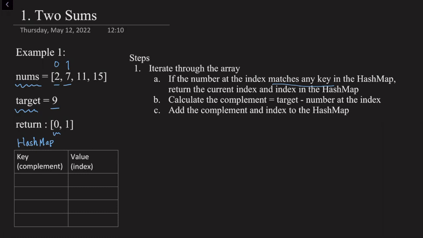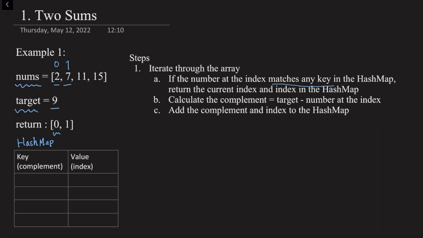In the hash map, the key is going to be the complement number, and the value is going to be the index. If there's any complement number that matches the current number, then we're going to return the current index and the index in the hash map.